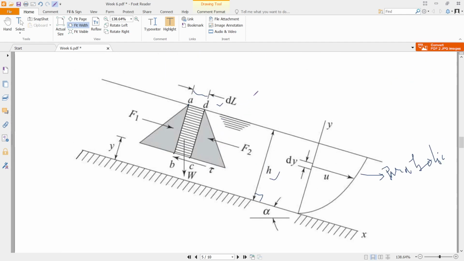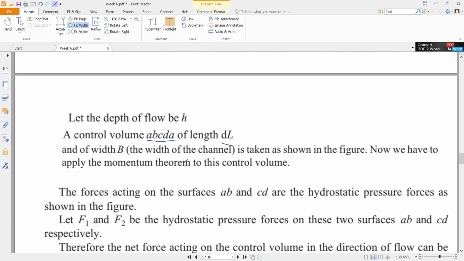So what is the width? Width is the direction perpendicular to the plane of this screen. Okay, so if you go to a direction which is, see, this is your x direction, this is your y direction as per the problem figure, and this is your z direction. So the width is the dimension of this control volume along the z direction. So the width is b.